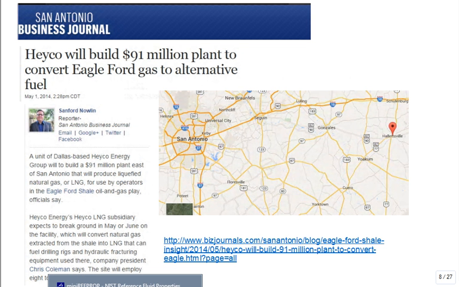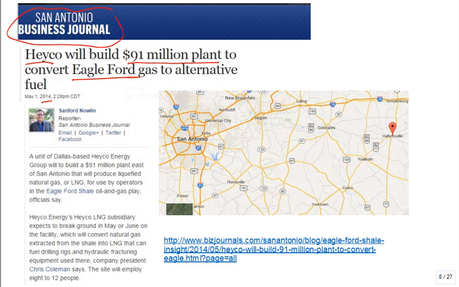Well, San Antonio Business Journal. This is 2014, so last year. Some company, HACO, building a $91 million plant to convert Eagle Ford natural gas to alternative fuel. A Dallas-based company will build an almost $100 million plant east of San Antonio that will produce liquefied natural gas, or LNG, for use by operators in the Eagle Ford shale oil and gas play.